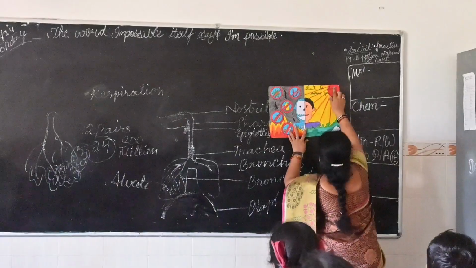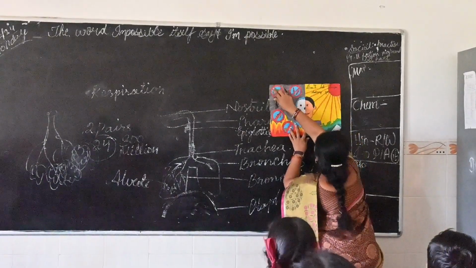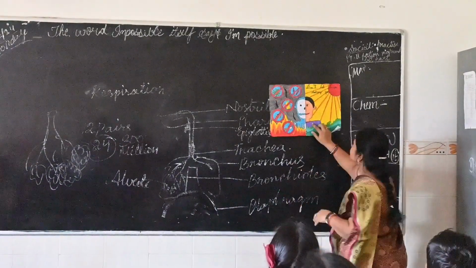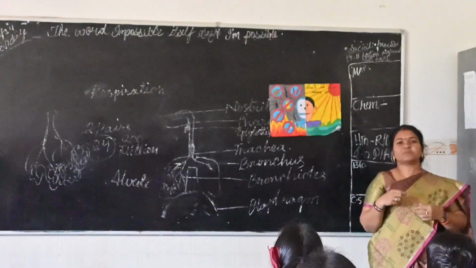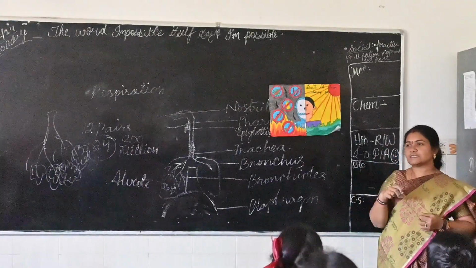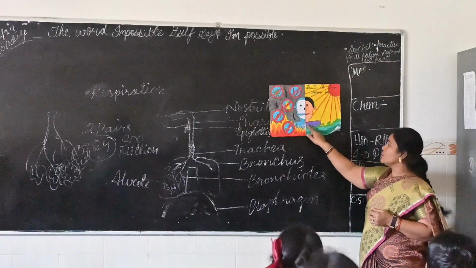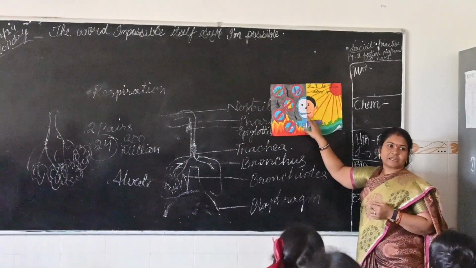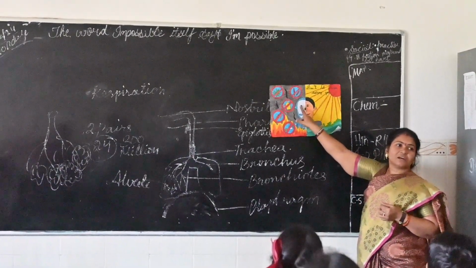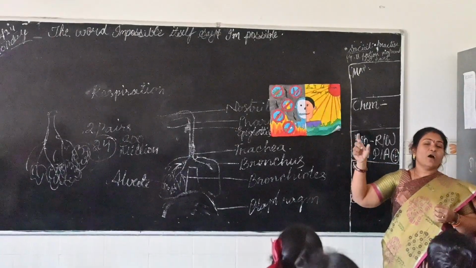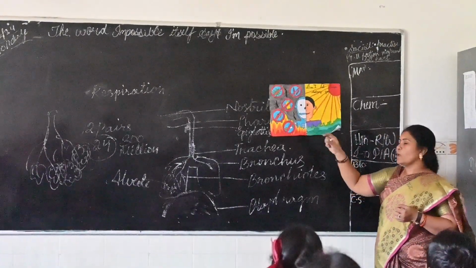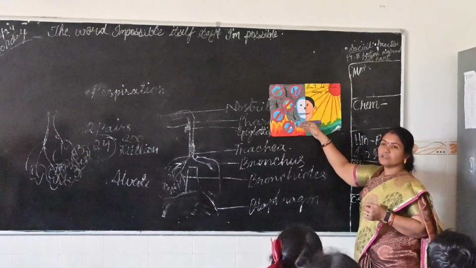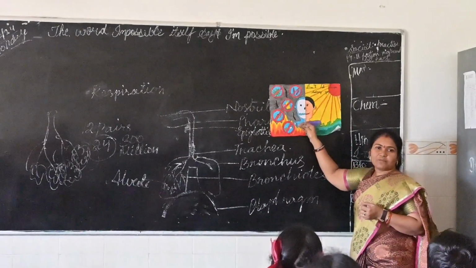Those who take drugs, what happens? The complete organ systems, not only your respiratory system but even your digestive tract as well as your nervous system, get affected. Once your nervous system is affected, all your organ systems will be affected one after the other, and at last your body will collapse.